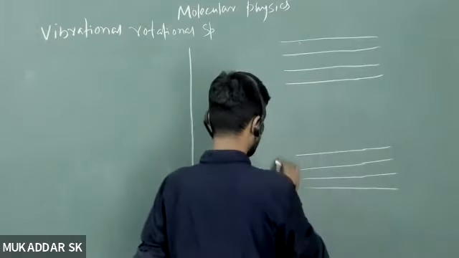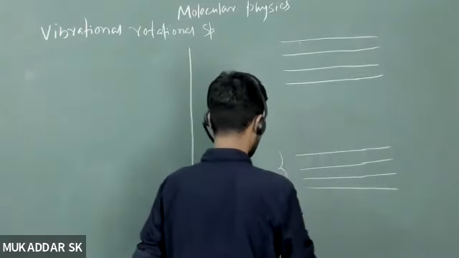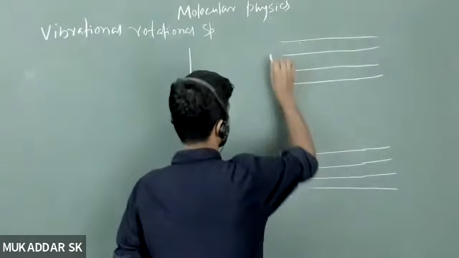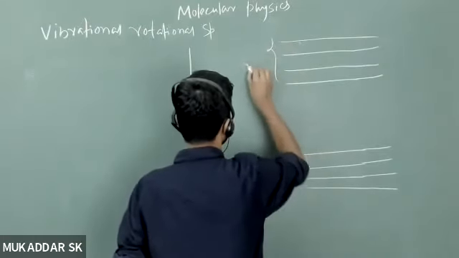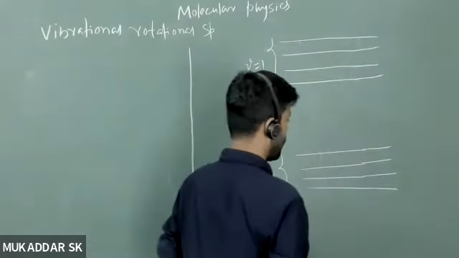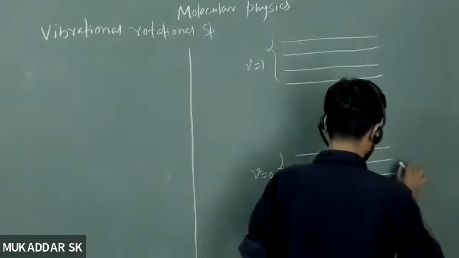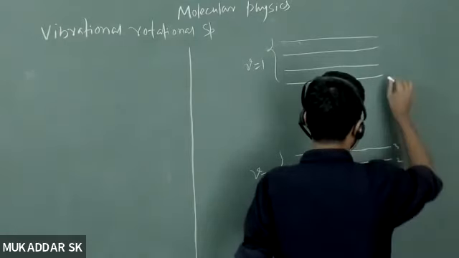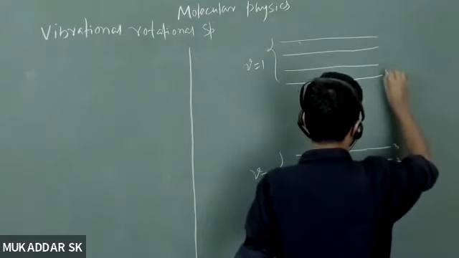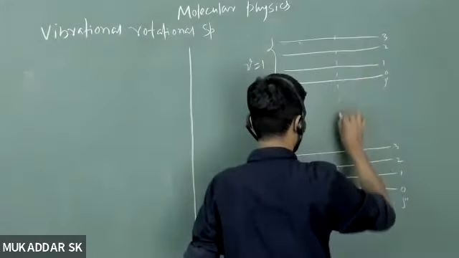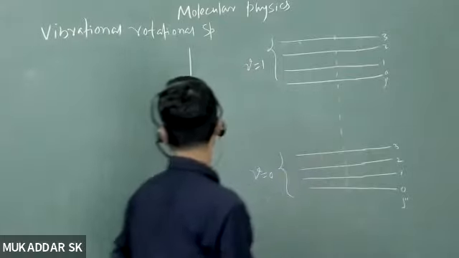This is the rotational level corresponding to v double dash equal to 0, and these are the rotational levels corresponding to v dash equal to 1. Let us denote J double dash as 0, 1, 2, 3, and here J dash as 0, 1, 2, 3.